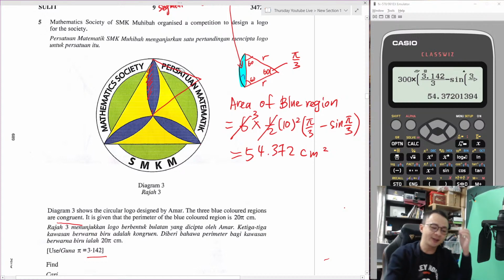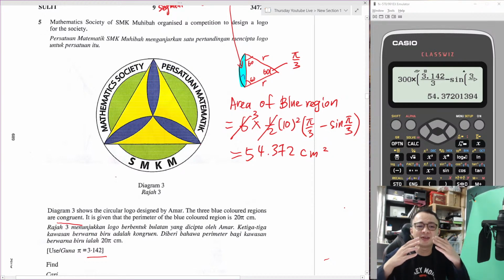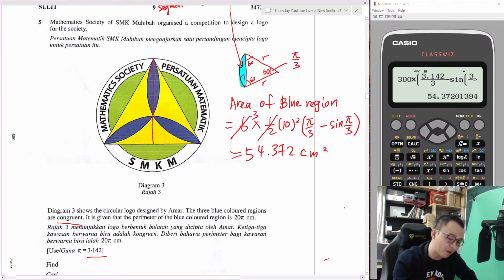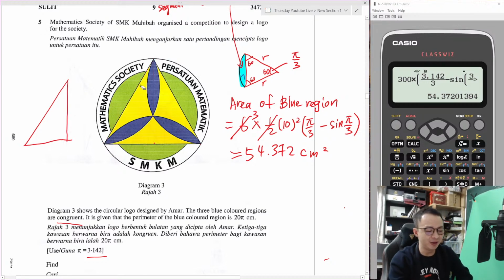Alright, right now I have already solved the whole blue color region. I want to find this triangle. First thing, I want to find the length. If I want to find the length, I will draw out a right angle triangle here. You can use Pythagoras if you want, or other methods.